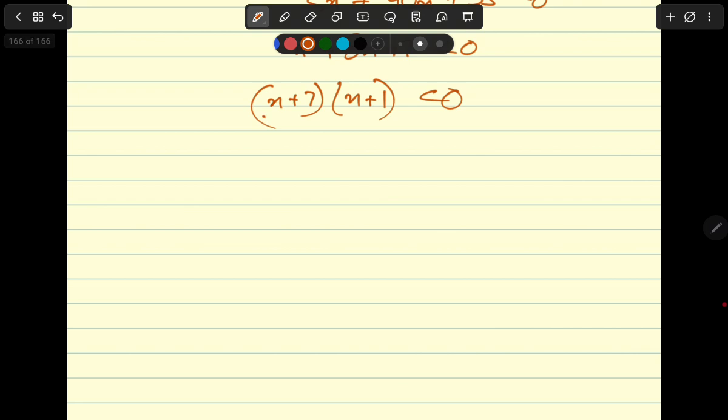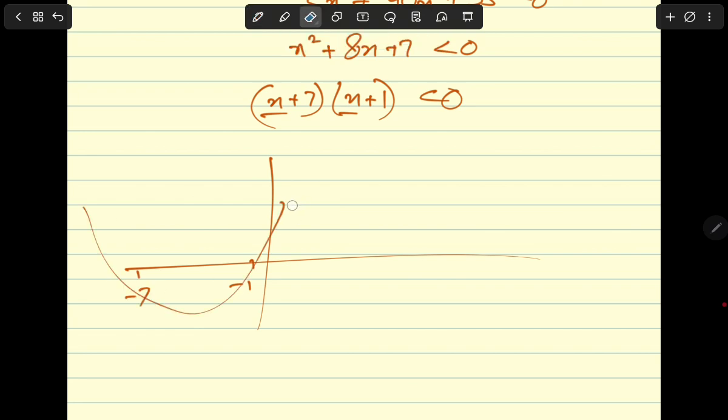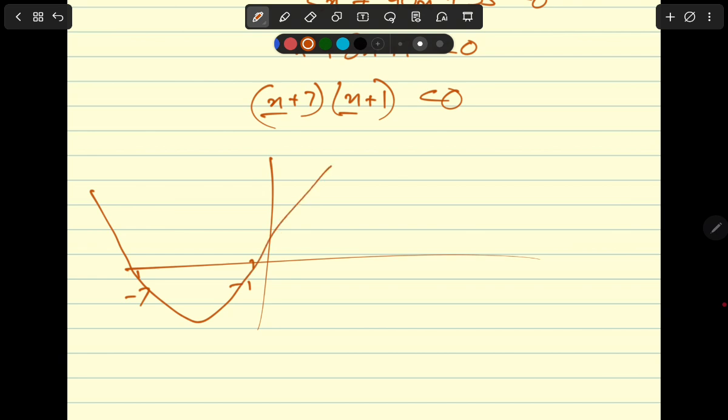So this is a minimum type curve. You can see that it is a minimum type curve because a is greater than 0, and the roots are going to be -1 and -7. Do not confuse this quadratic, which was obtained to get a solution, with the lines that we just saw in Desmos. We are now considering the values which are less than 0.